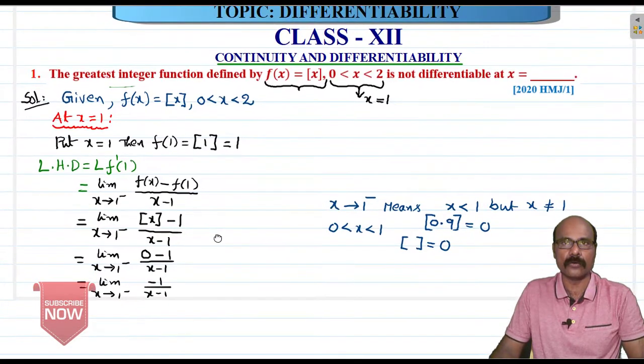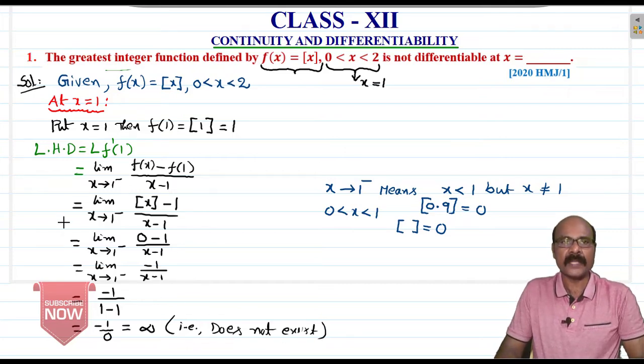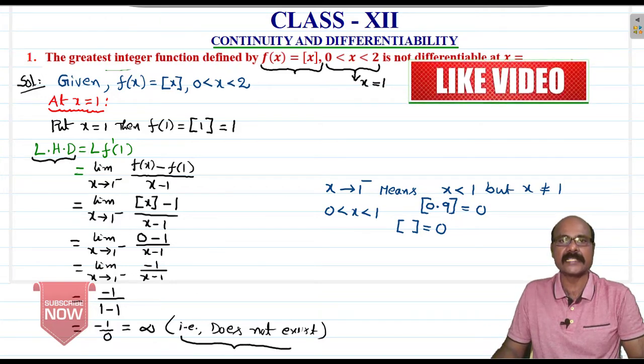If we substitute, what will we get? Minus 1 by 1 minus 1, that is equal to minus 1 by 0. Minus 1 by 0 is what? Infinity. That means does not exist. So here, what did we get as the left hand derivative value? The left hand derivative value does not exist.